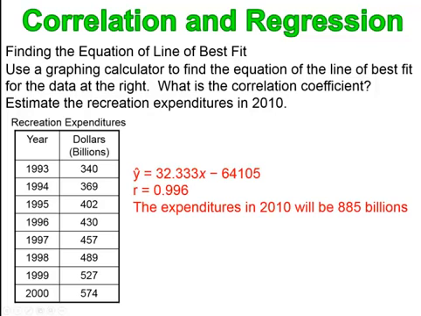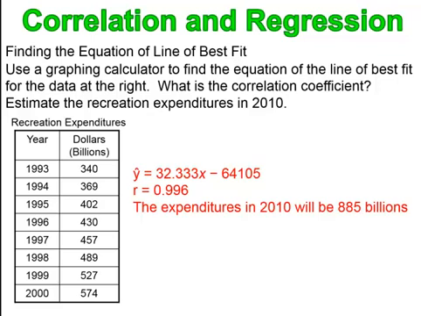So here is what you should have gotten. Our linear regression line is y equals 32.333x minus, don't do two signs, it's either plus or minus, and in this case we ended up with the negative b value, so it's going to be minus 64.105.